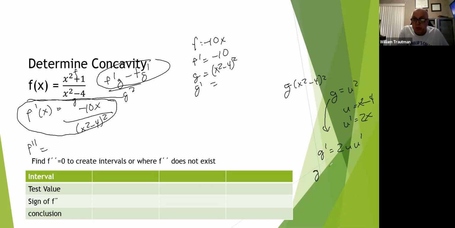So G prime is 2 times u, and u is x squared minus 4, and u prime is 2x. So G prime then is all this. 2 times 2x is 4x, and then we have x squared minus 4.